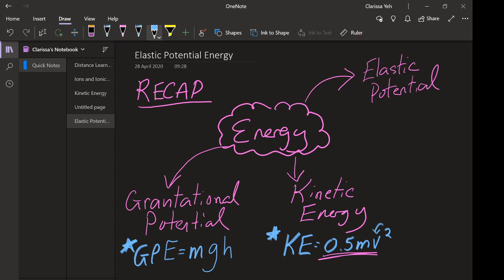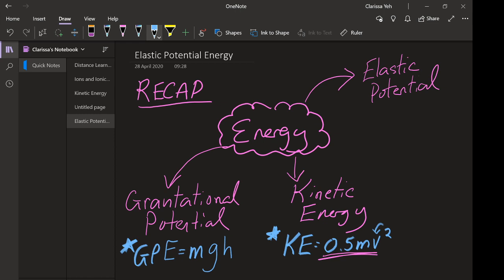So even though you don't need to memorize the equation, you still need to be able to pick out that this is the equation I have to use. So know that this is the elastic potential energy equation, but you don't need to memorize every single part of it. You do need to memorize gravitational potential energy and the kinetic energy equations though.